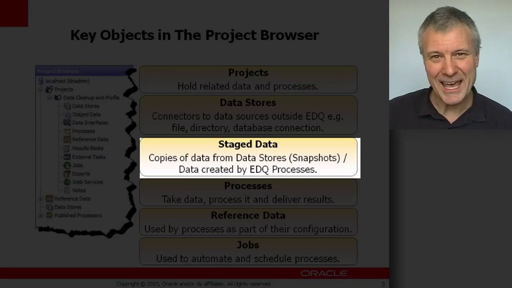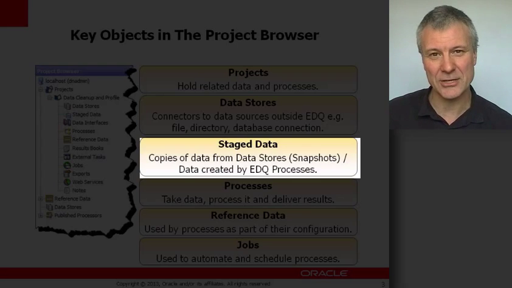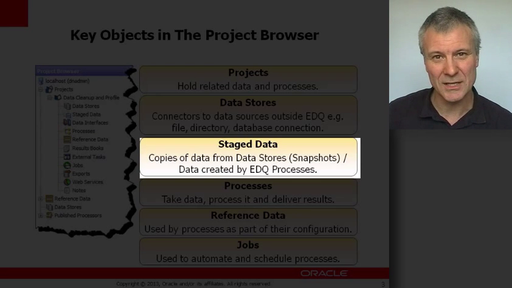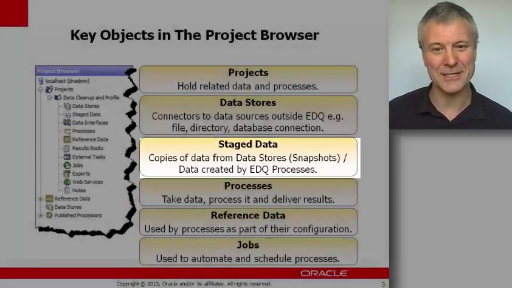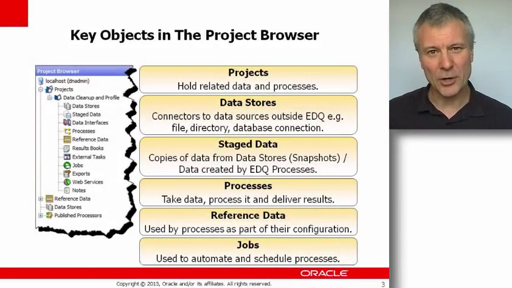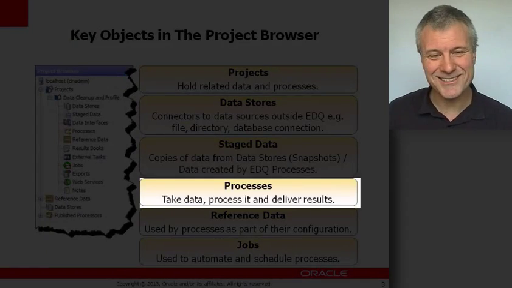Now, again, we can snapshot data when we want to import it. We have to do that often. But also we can create stage data in order to export it. So when we've changed data in EDQ, we stage it again in order to export that data. So again, stage data, like data stores, are for bringing data into EDQ and also for exporting it out of EDQ. Processes, well, a process does something to data.